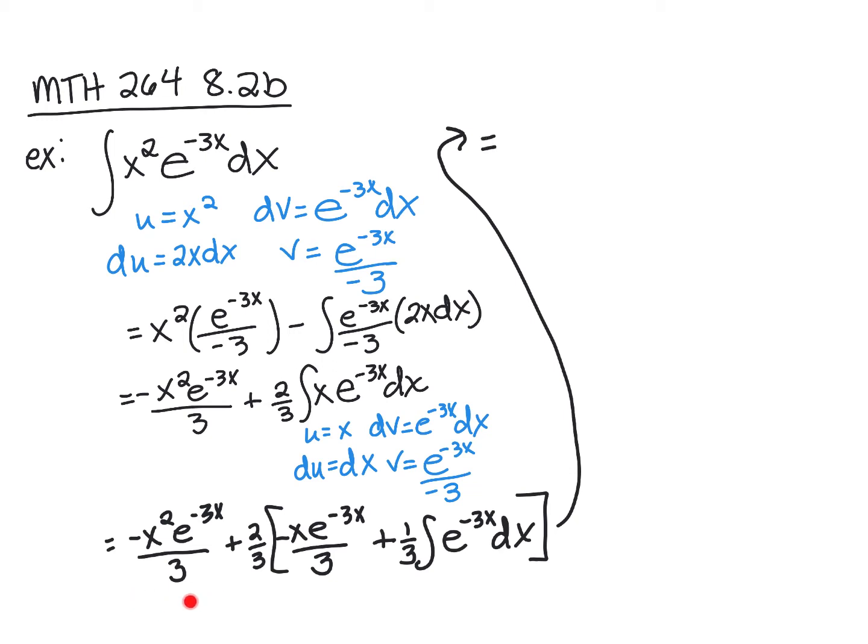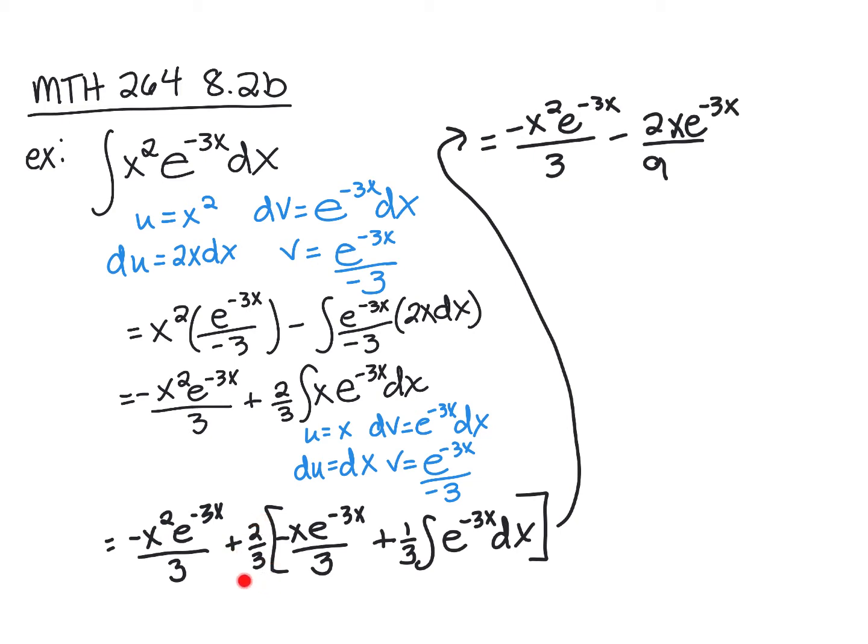So you copy the first stuff, lots of copying. Don't forget that the 2/3 is going to distribute through everything. So we have 2/3 times this 3 on the bottom. I've got negative 2 over 9 with an x e to the minus 3x on the top.